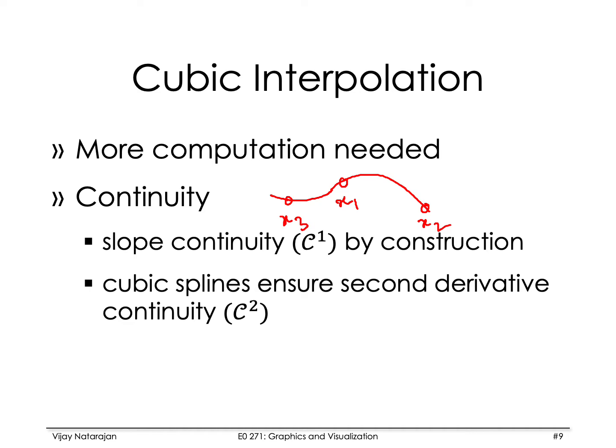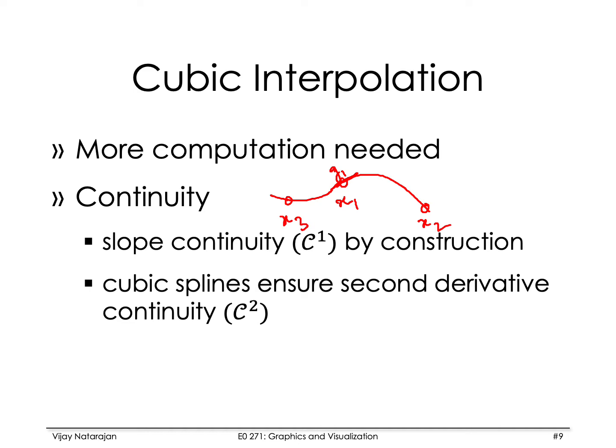We know that the slope that is used at x1 is common, and hence the new piecewise cubic interpolant is C1 continuous, as in the slopes are also continuous. This is a nice property to have.